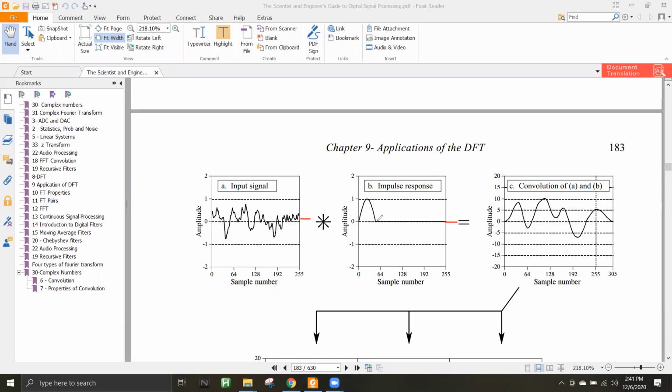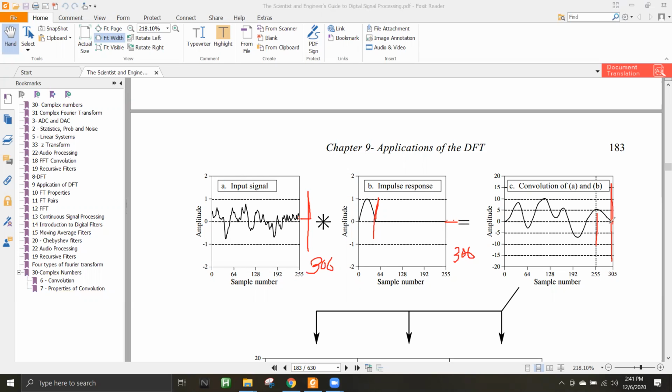So if this is 51 points and this is 256 points, the total number of points here would be 306, right? So we'll have to add zeros here after 256 so that it becomes equal to 306 samples, and also add extra zeros here in order to make it equal to 306 samples. Only then, instead of truncating it up to this, will we have the whole thing here up to 306 when we perform multiplication in the frequency domain.